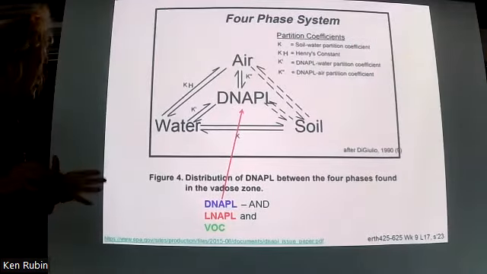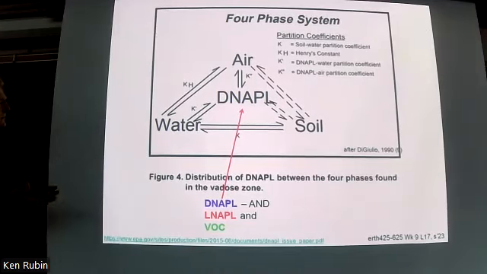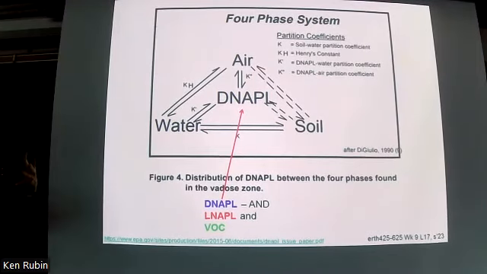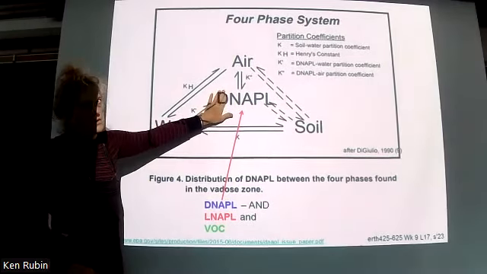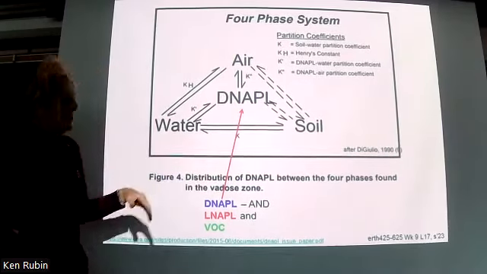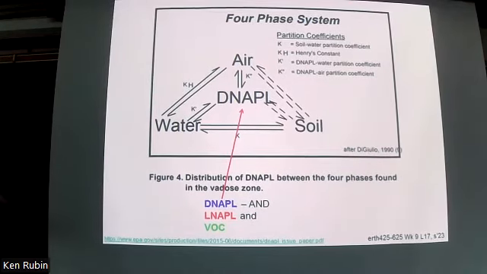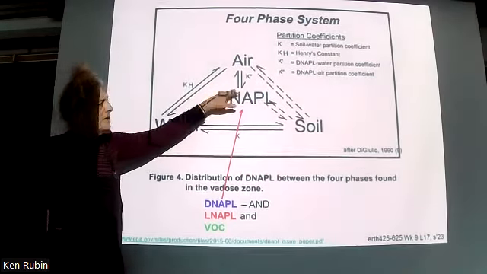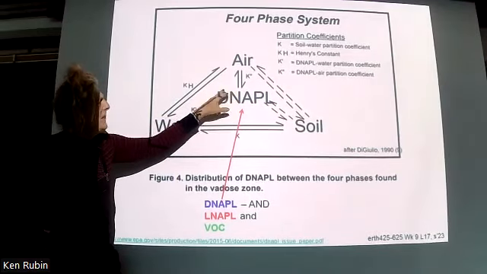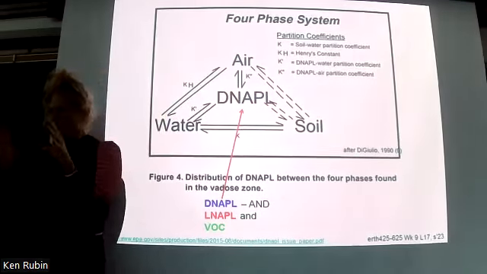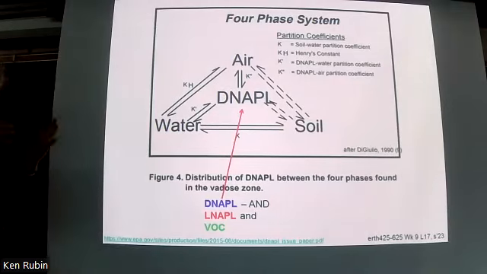So this is something that's important to consider, which is that in a system with non-aqueous phase liquids, and this could be D or L, doesn't really matter which one, we have to consider four kinds of associations of those chemicals. They can be by themselves, sitting in a pool of material in the subsurface. They can be stuck onto soil particles, sometimes displacing water in both the vadose and the saturated zone.